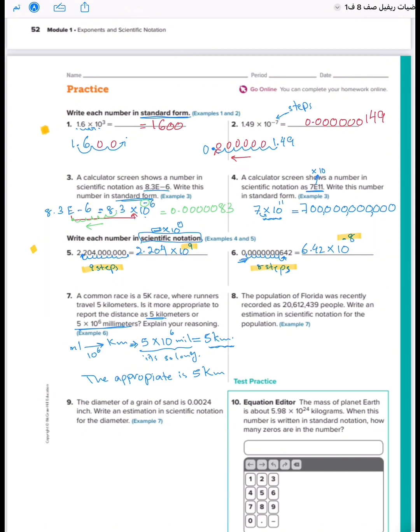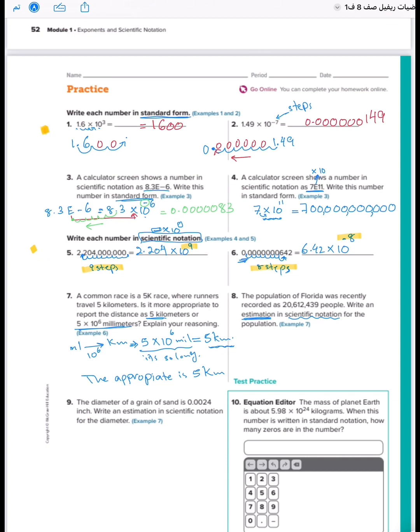Let's see question number 8. The population of Florida was recently recorded as 20,612,439 people. Write an estimate in scientific notation. So write in scientific notation an estimate, meaning approximately.